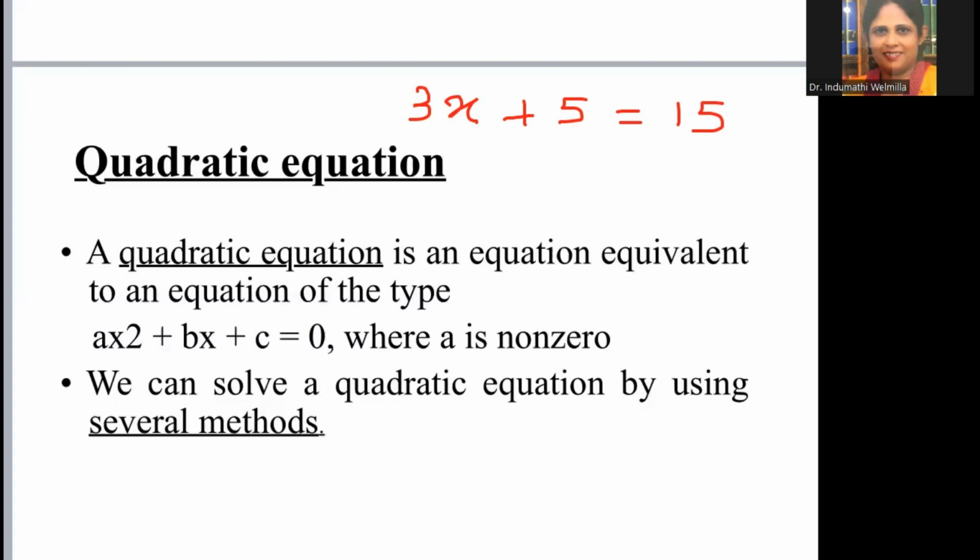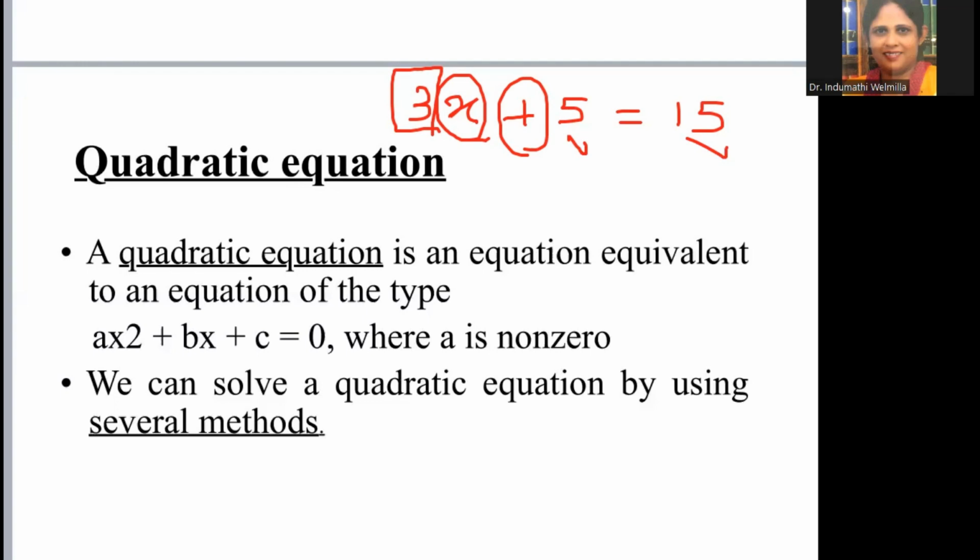You can see in this equation there is a coefficient. What is the coefficient? In this equation, the coefficient is 3. And there is one variable; in this sample equation the variable is x. There are operations also. In this case plus is the mathematical operation. The constant values are 5 and 15.